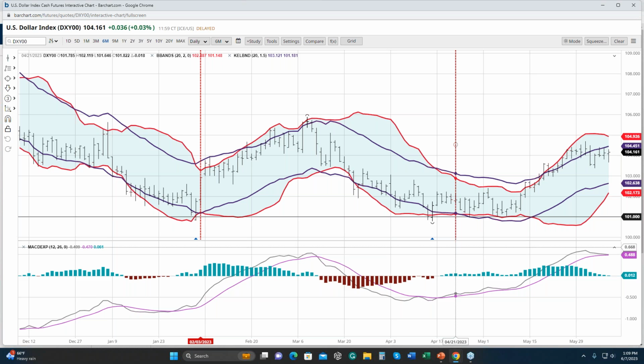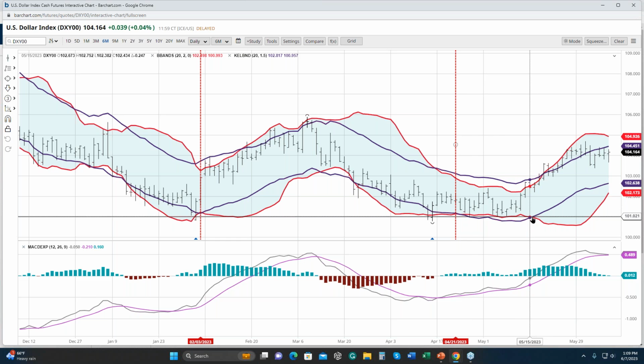Then what happens is, once we have the squeeze on, we wait for the Bollinger Bands to break outside of the Keltner channels. In this case, we only need one of the two bands to do that. So let's look here. We can see that we have a squeeze that went on for a while.